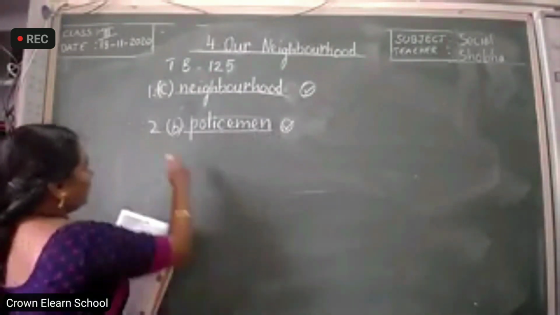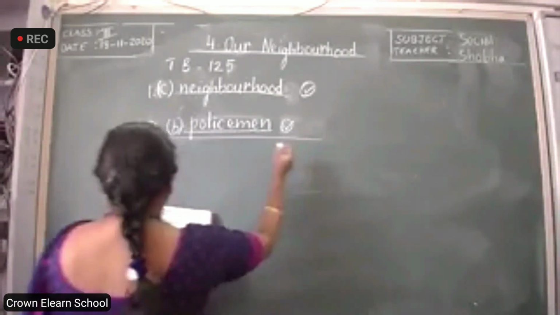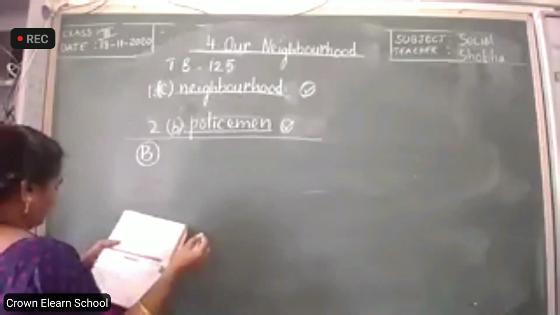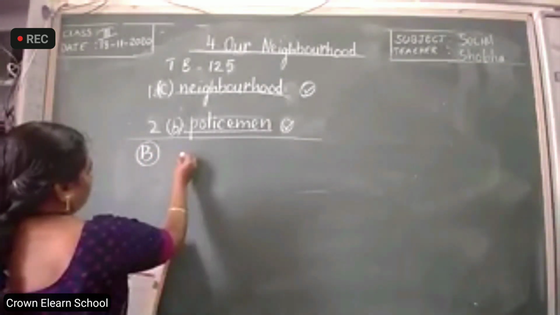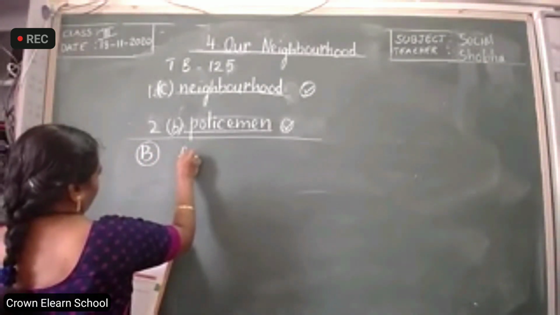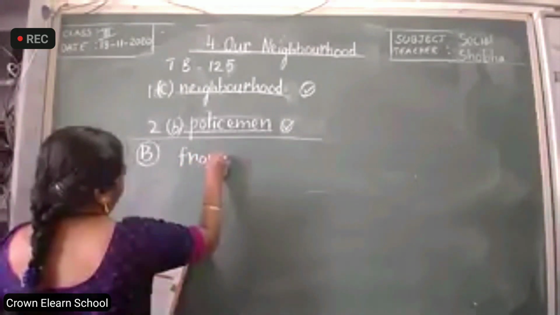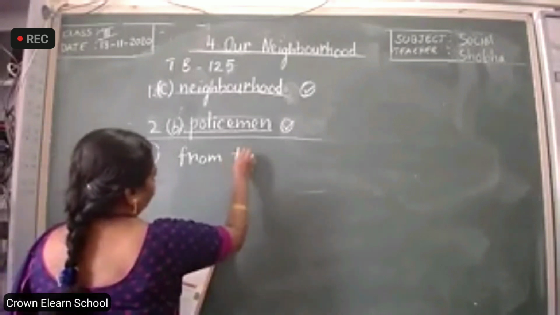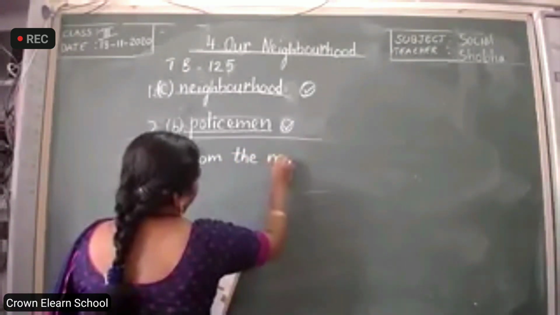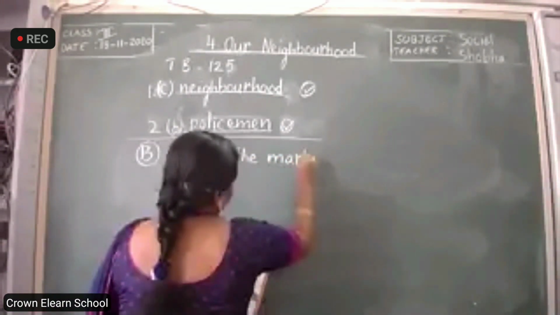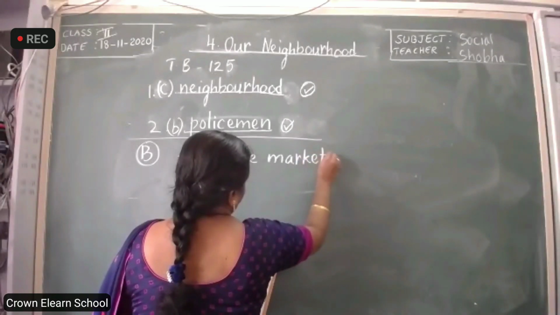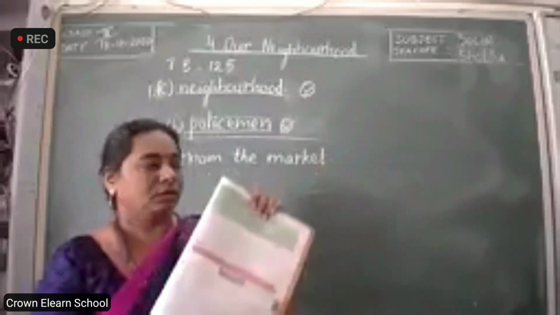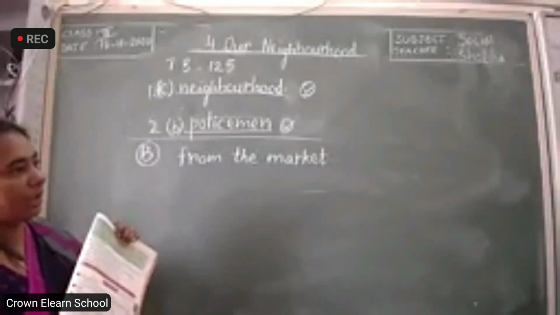So on same page, B, that is quiz. So there you write from the market. So I think you have space. You can write from the market. Okay. From the market.